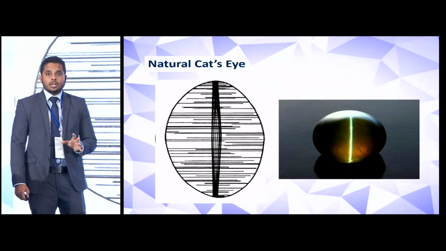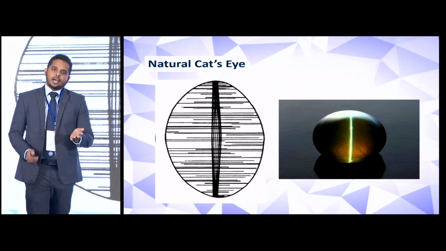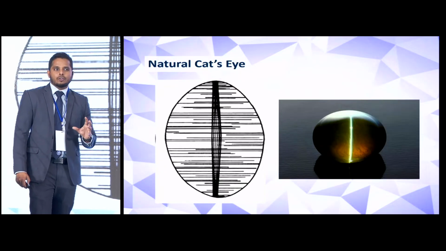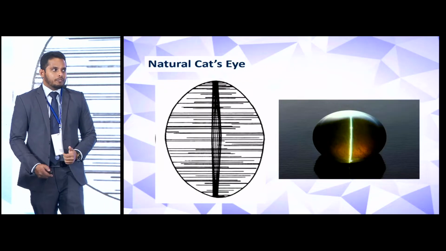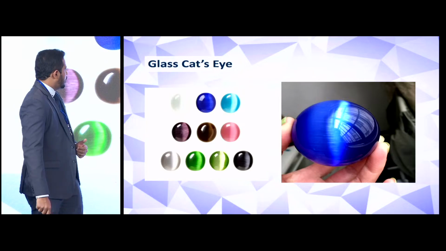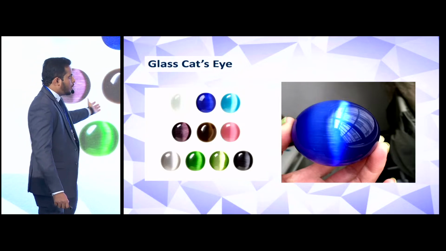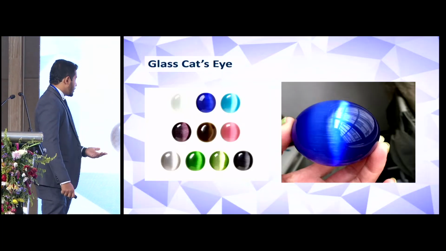These days they have a lot of chrysoberyl color glass cat's eyes. That's why I thought of bringing this up in this forum, so that it will be helpful for all of y'all. These are the other colors you get in glass cat's eyes.